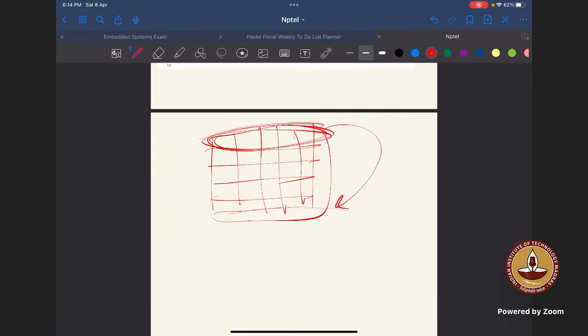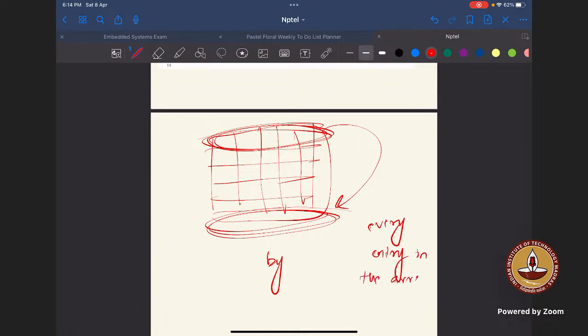You want to reach the end row by, let's say, like every entry in the array is an integer. Okay, is an integer.